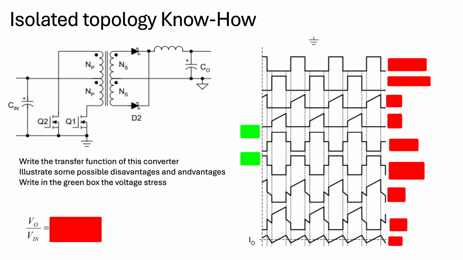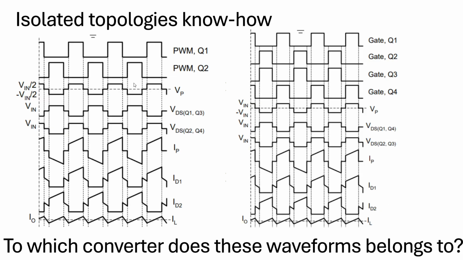And then we have the isolated topology know-how, and here we have to say what these waveforms are. Then we also have to study the transfer function of this push-pull. And finally, we have two waveforms, and we have to say to which type of converter each waveform belongs.